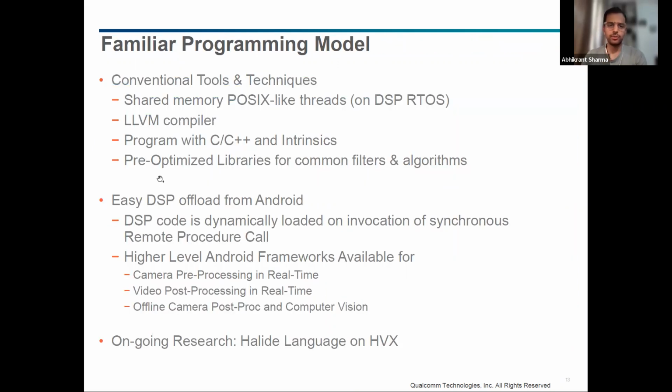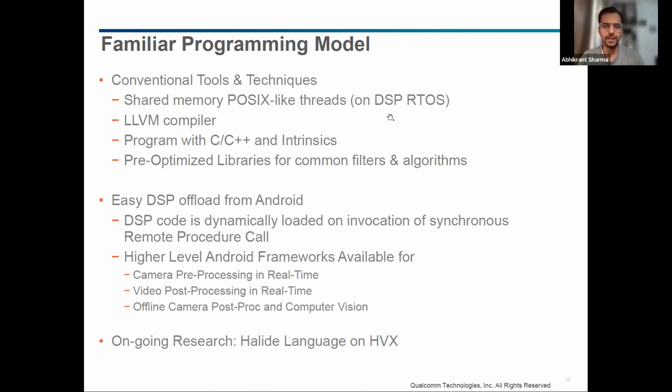With respect to an end user who wants to develop applications on the hardware, there are conventional tools and techniques available. There is support on Hexagon and HVX to use POSIX type of threads. For those of you who are familiar with Linux programming, the multi-threading use case on Linux is POSIX, and we have a DSP real-time operating system called QuRT.